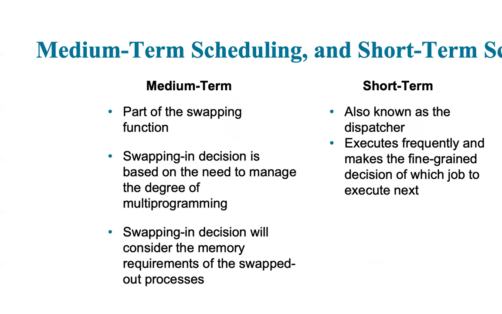We just talked about that. The medium-term scheduler is part of the swapping function. Typically, the swapping decision is based on the need to manage the degree of multi-programming. The short-term scheduler, also known as the dispatcher, executes frequently and makes the fine-grained decision of which job to execute next.